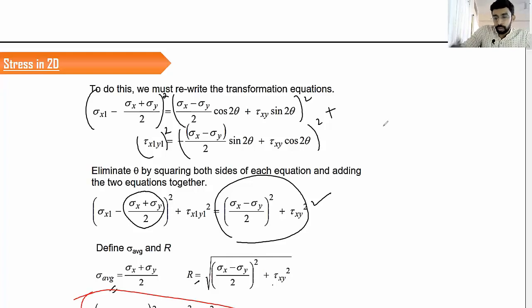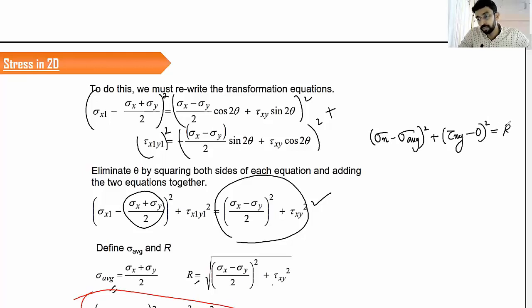Anyway, I am going to make some more arrangements here. I am going to rewrite this equation as sigma n minus sigma average, renaming sigma x as sigma n because sigma n was the notation that we used in our previous class. So sigma n minus sigma average whole square plus, instead of tau x1y1, I am going to write tau xy minus 0 the whole square is equal to r square.